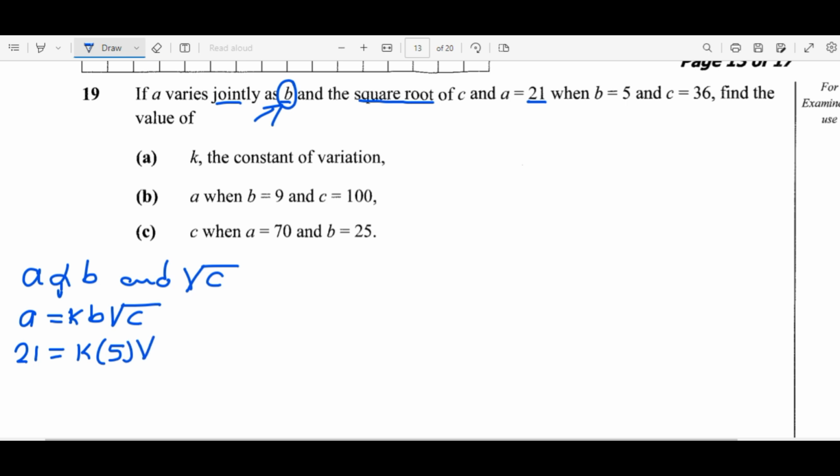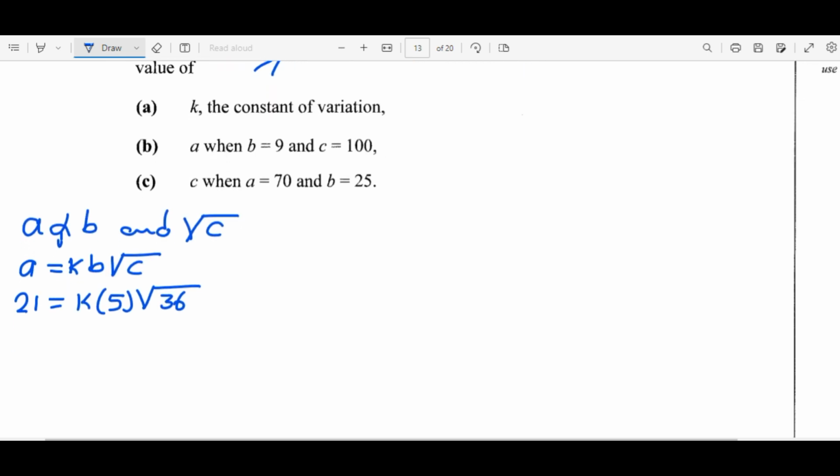Then what of the value for C? C is 36. We can find the square root of 36, which is 6 or minus 6, but let's just focus on the positive value. So I'll just say 6.